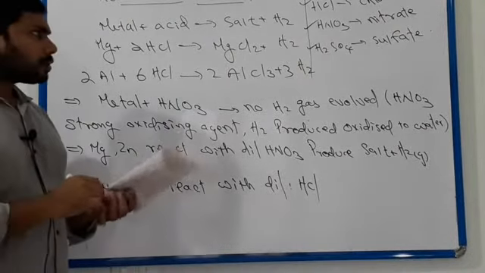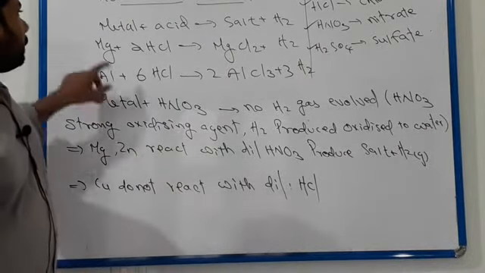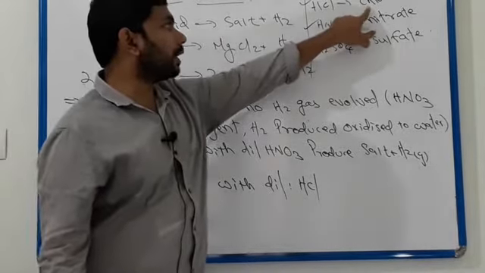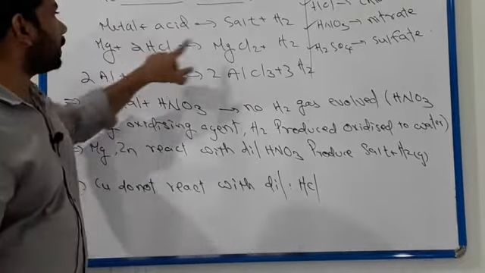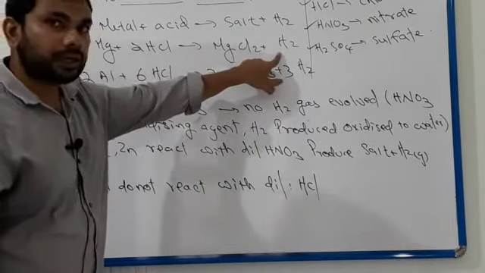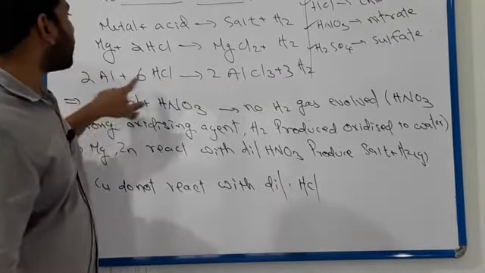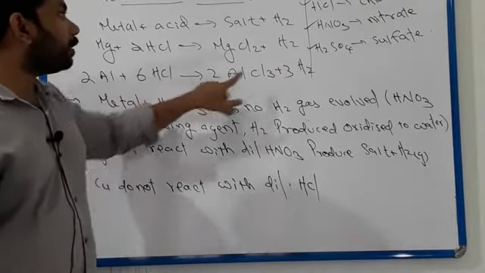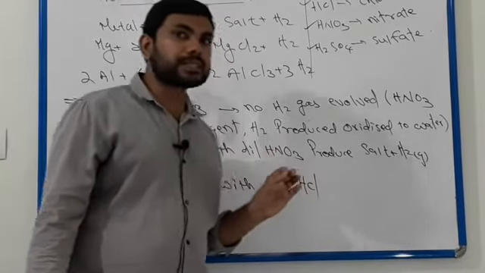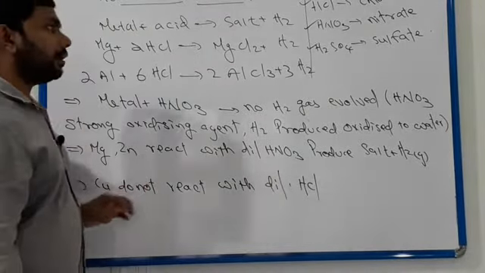Okay, so for example, magnesium reacted with hydrochloric acid gives magnesium chloride and hydrogen. Clear? Also aluminium reacted with hydrochloric acid gives aluminium chloride and hydrogen.